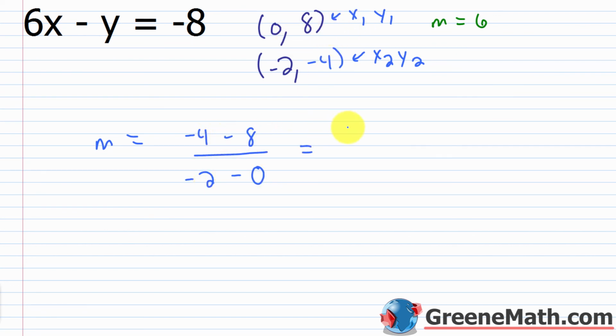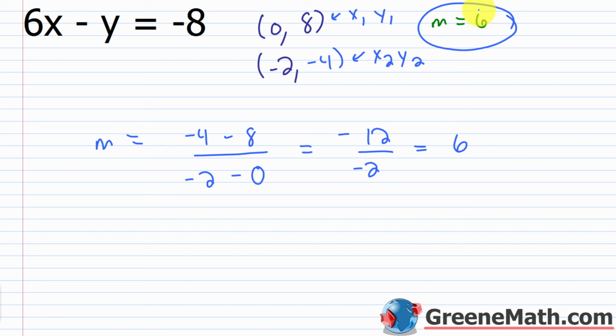So negative 4 minus 8 is negative 12, over negative 2 minus 0, which is just negative 2. And if I divide negative 12 by negative 2, negative over negative is positive. 12 divided by 2 is 6. So I get m equals 6 in the end, which is what I found pretty quickly by just solving the equation for y.